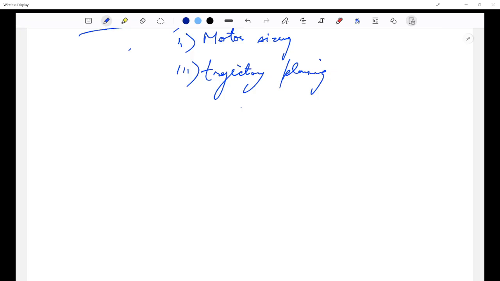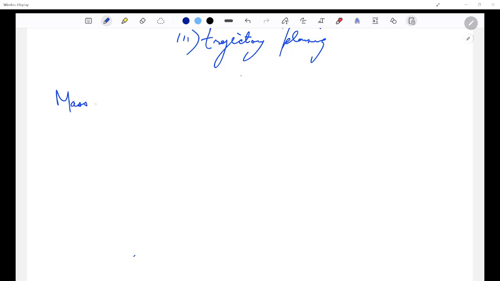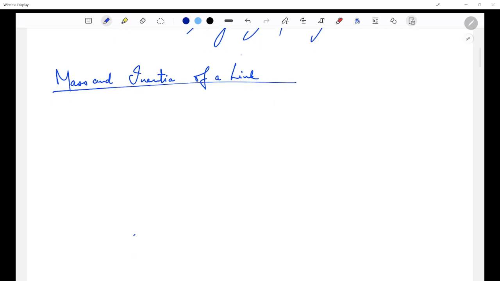So this is the basic difference between direct and inverse dynamics. Now let's move to mass and inertia of a link. Okay. So before deriving dynamics, we must understand mass distribution. So what is the mass of a rigid body?